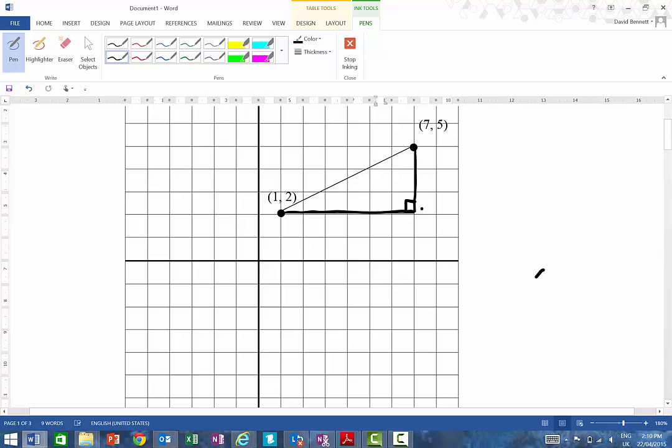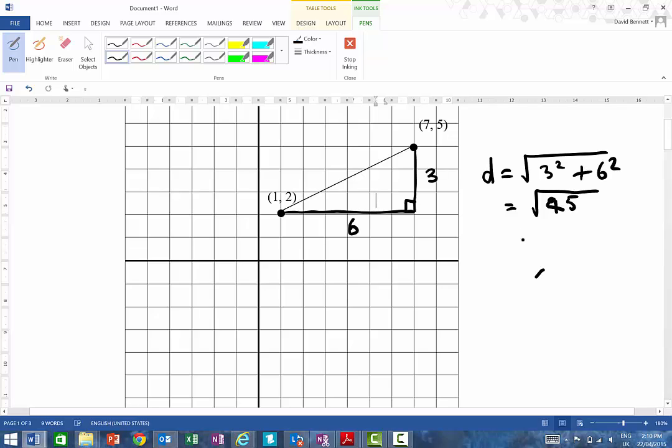So I know this one here is rising 3 units, and this one here going from 1 through to 7 is coming across 6 units. So if we were using Pythagoras, we're finding a hypotenuse. The distance there, d, is going to be equal to the square root of 3 squared add 6 squared. Right, so that's going to be equal to the square root of 9 plus 36 is 45.